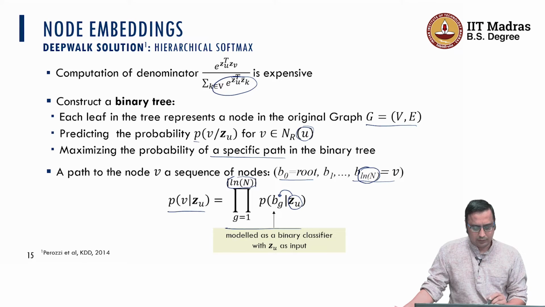So let's look at this in more detail, and also remember that we can model this probability as a binary classification with ZU as an input. Because we do not know which specific path to follow, we can use a binary classifier to see whether we have to visit a particular node or not.